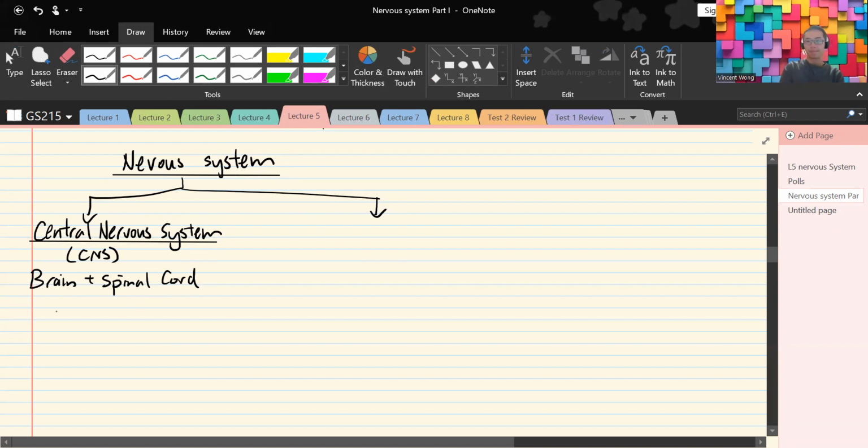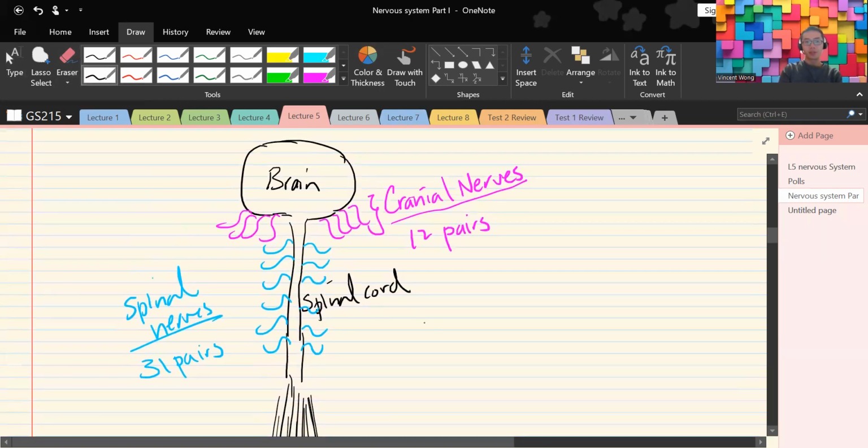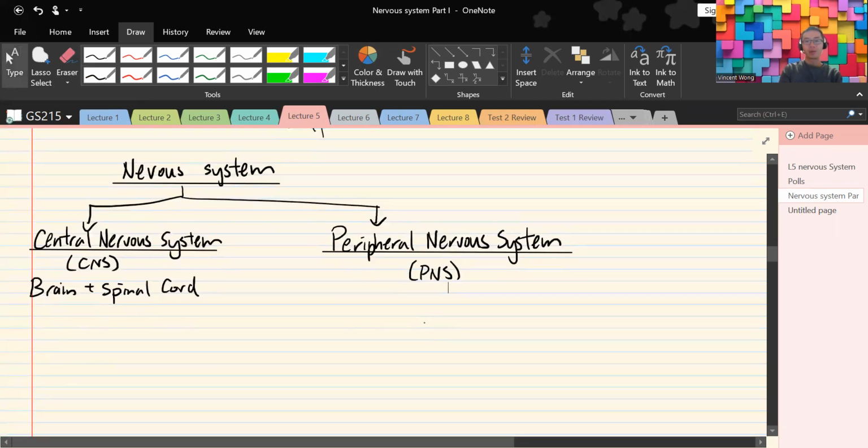That's where integration occurs, the processing of information. And then everything else, the spinal nerves, the cranial nerves, everything that's outside of the brain and the spinal cord, we call the peripheral nervous system, the PNS. So these spinal nerves and cranial nerves are part of the PNS because they are not within the brain or the spinal cord.